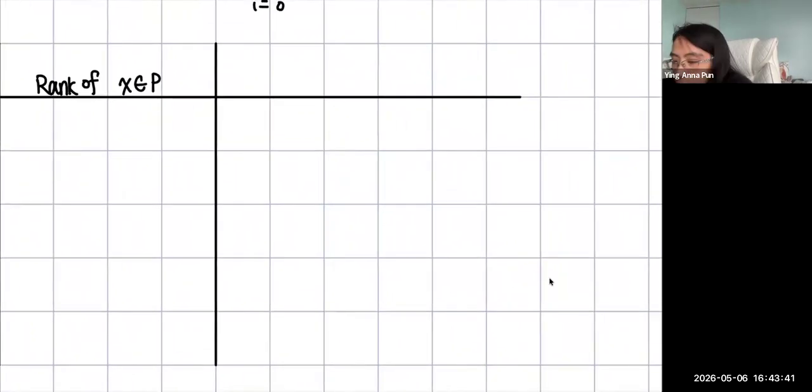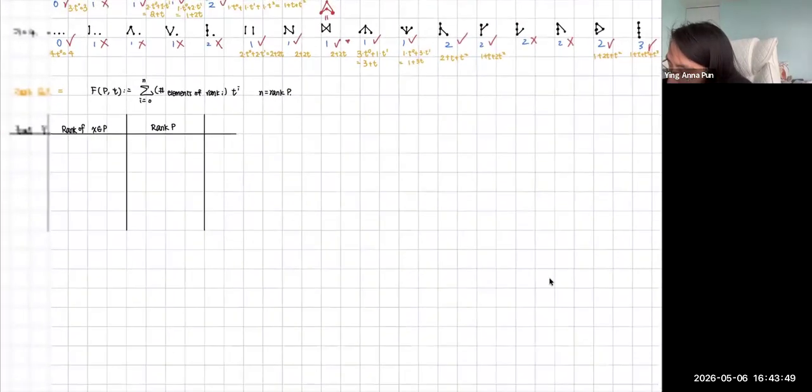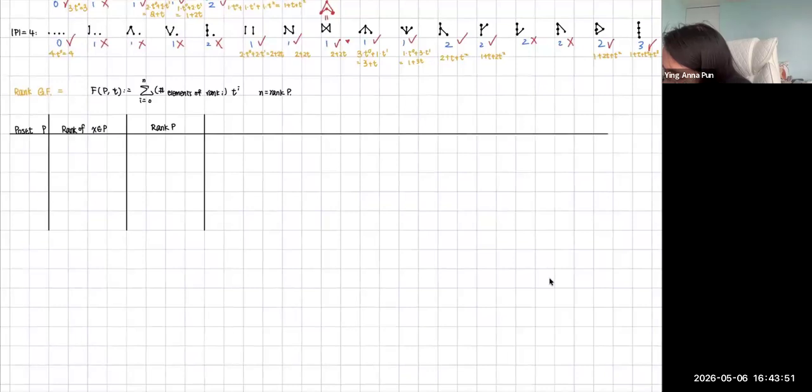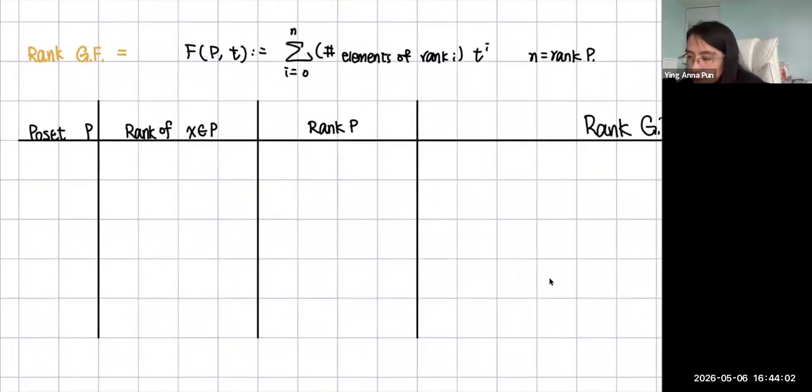Okay, and then we are going to also look at the rank of P. And then we are going to have some space for the rank generating function. Okay, so let's start with our very beginning example, which is basically the chain.